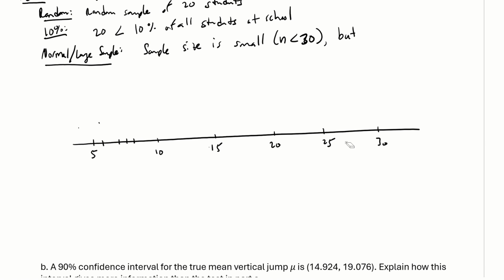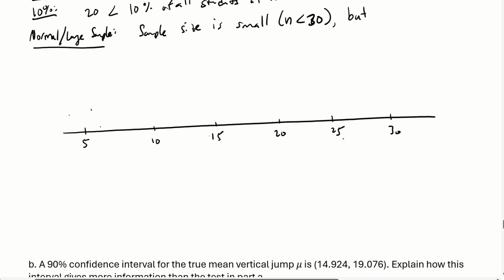Hold on, I need to make sure I do this right. 1, 2, 4, and then 4.5. All right, and then we got 1, 2, 3, 4, 4.5, and then 5.